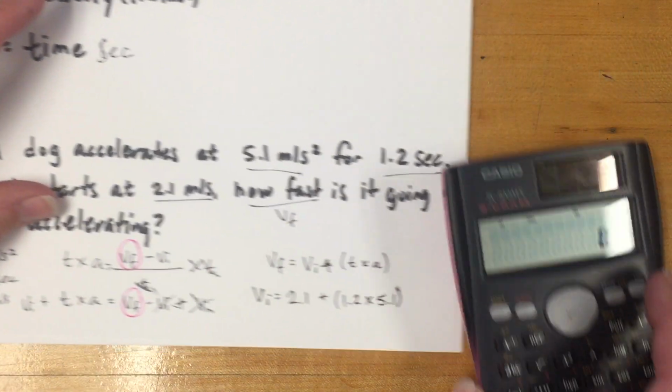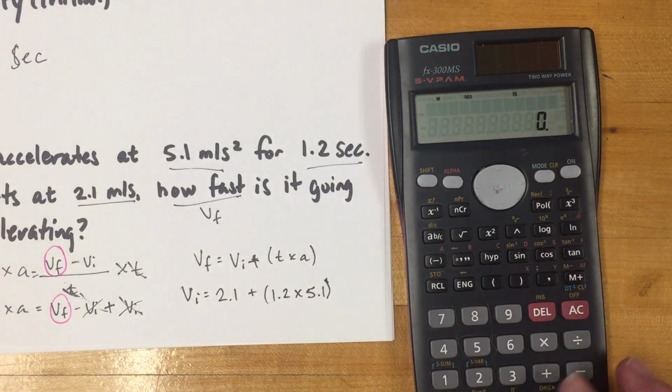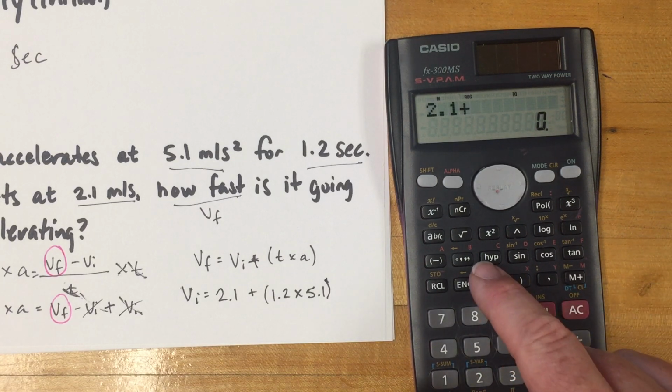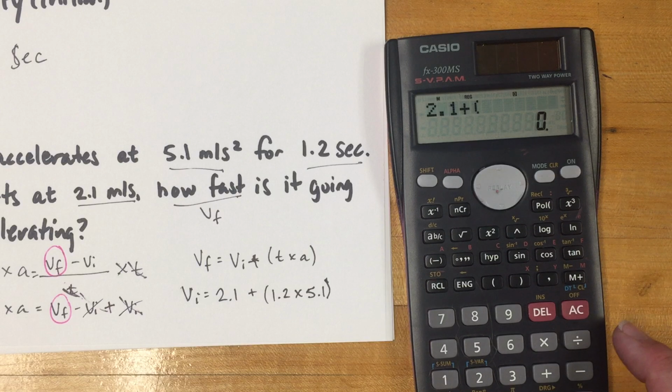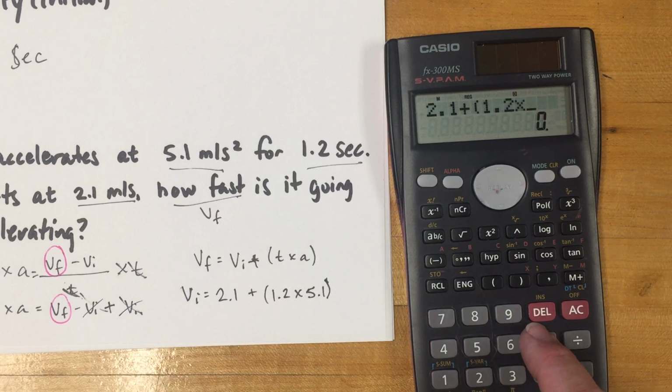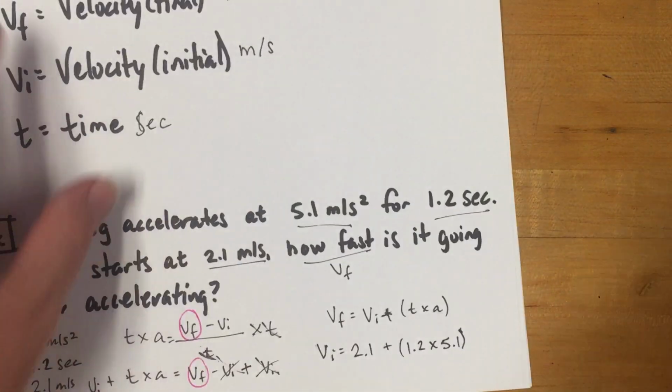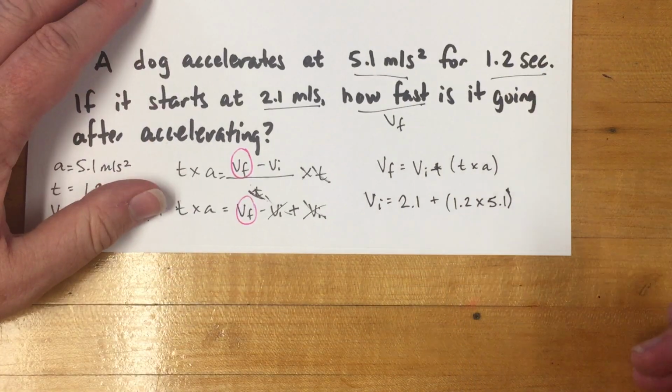So now I can take my calculator and say 2.1 plus, and I'll put the parentheses in here, 1.2 times 5.1, parentheses again, and it ends up with 8.22, and we say meters per second.